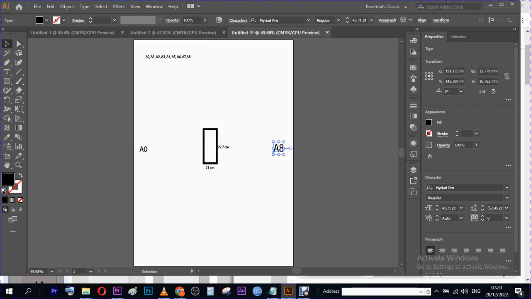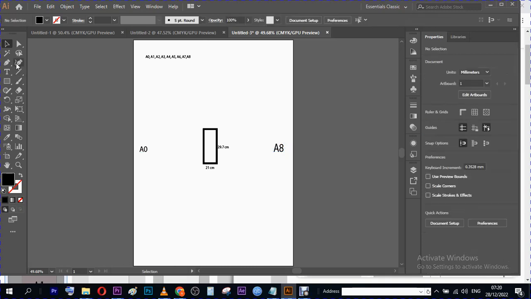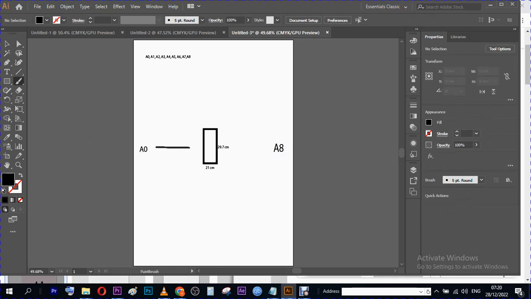Remember, this is our biggest paper size and this is our smallest paper size. As you come away from an A4 towards the side of A0, from A4 to A0, the size increases.